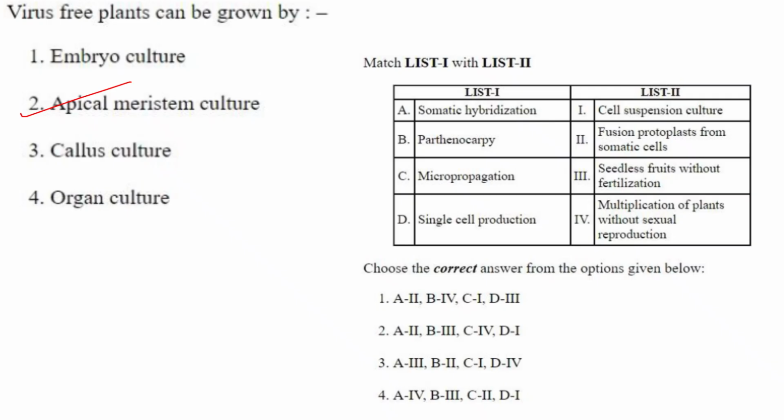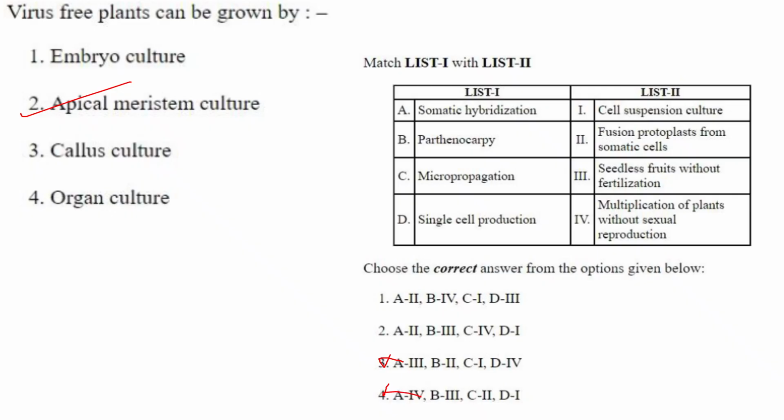Then next one is match the following. Somatic hybridization is a fusion of protoplasts from somatic cells. So A2, that is there in options 1 and 2, so 3 and 4 are wrong.